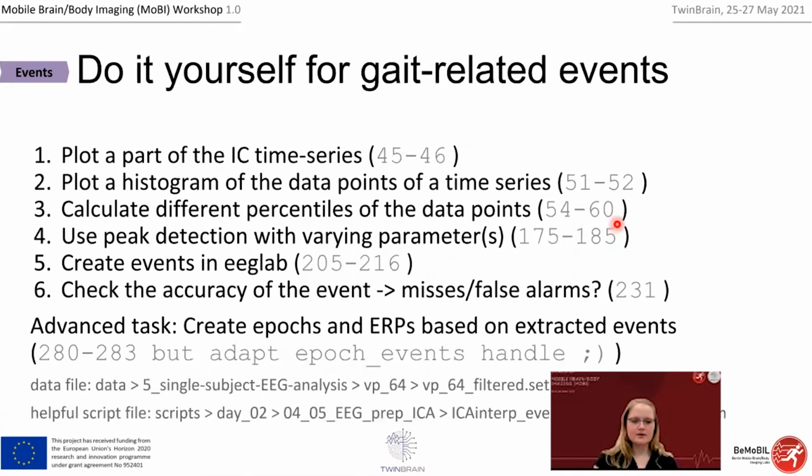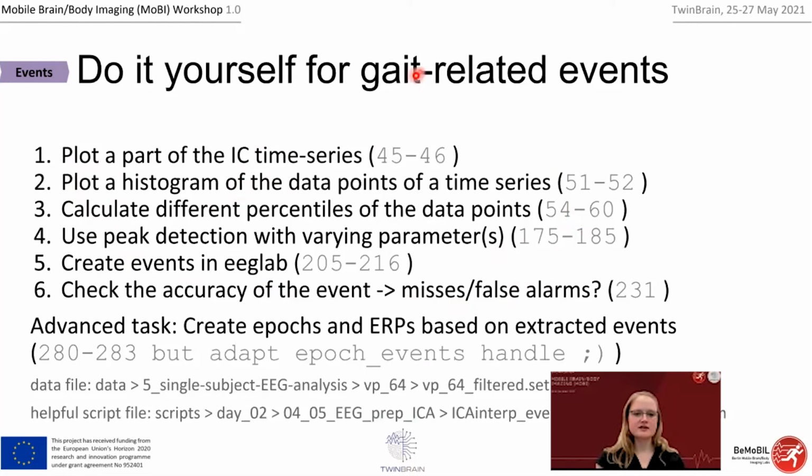Right. So we are already getting to the do-it-yourself. This slide is a little busy, because I added all the code lines as well. Again, it's just the steps I just explained.